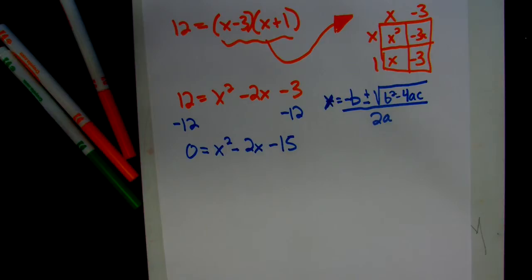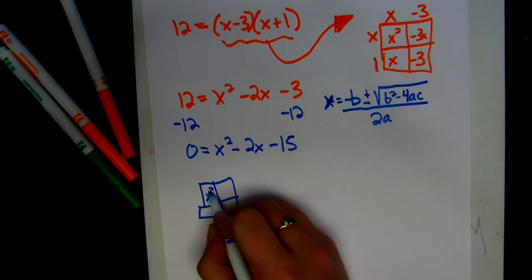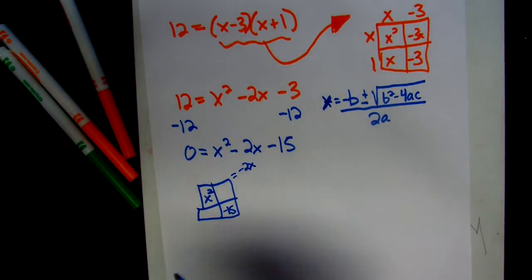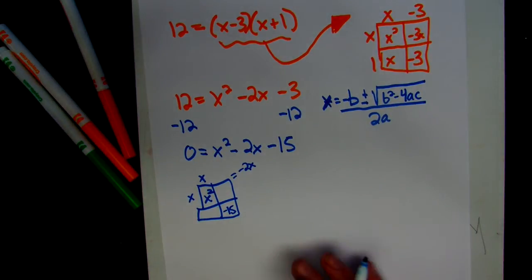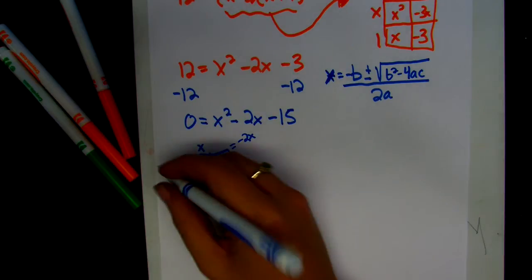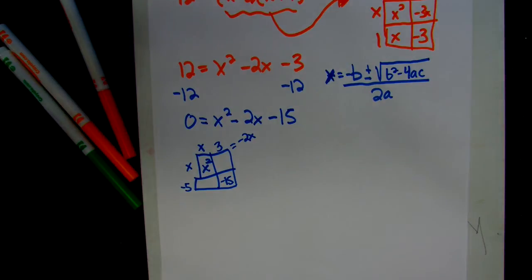Okay, if I factor this, I'm looking for x squared, and negative 15, and it has to add up to negative 2x. So that's x and x. So negative 15, but adds up to negative 2. Let's see. 3 and 5, and then we could make the 5 negative and the 3 positive, and that way it'll add up to negative 2x, right?